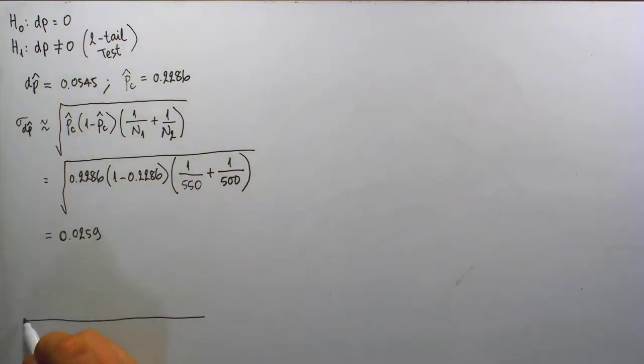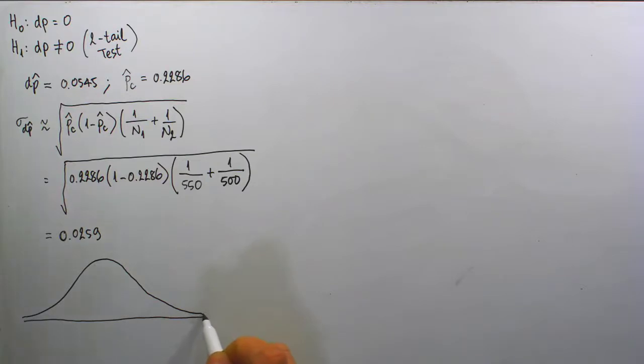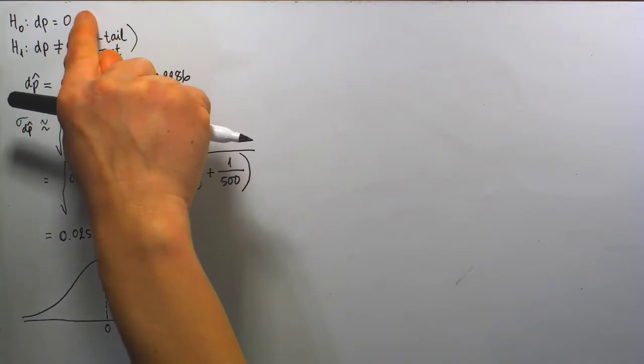And so we can imagine that all of those dp hat values can be placed on a bell curve, and any value on this line right here is a value that we can possibly find for a dp hat. So my point now is that we can generally regard a random variable for any value found on this line. The center of this bell curve is at 0, the value that is claimed in our null hypothesis.